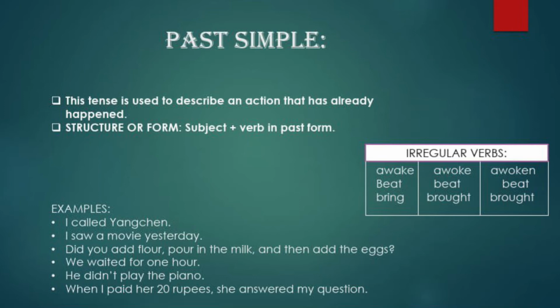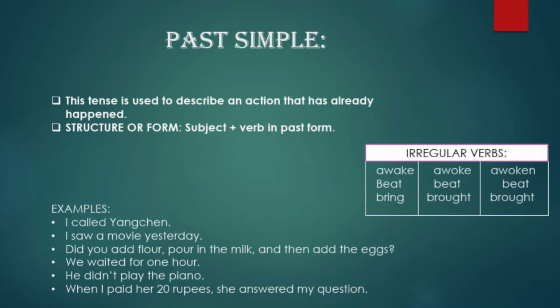And if we are to look at the verb bring in the base form, it becomes brought in the past form and the past participle form as well. Alright, so from here we get to see that irregular verbs do not remain the same.